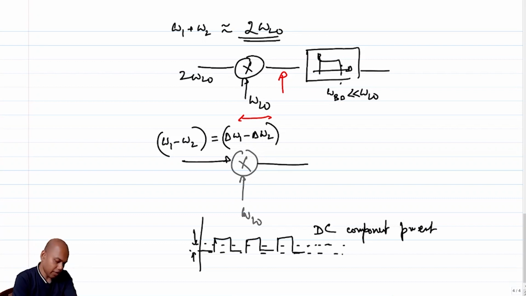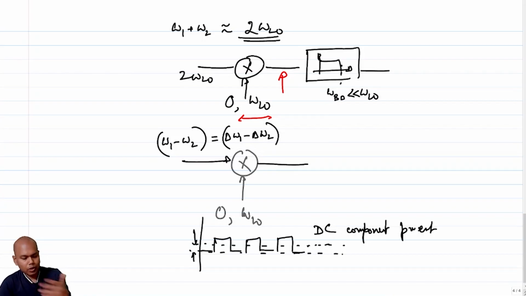Which means your LO also has a DC component. You had a 0 here also, but it was of not much use, because even if 2 omega LO passes, because of the 0, it's not a problem.